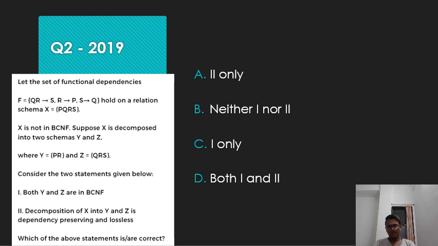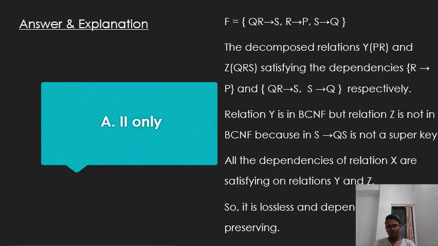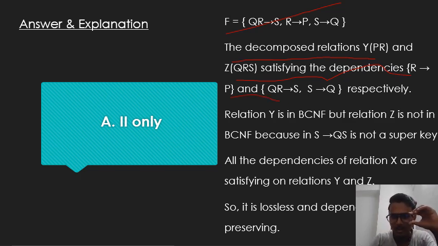Which statement is true? The solution is the second one only. As we can see, this relation has been given, then the decomposition relation and the Z relation's dependency are given, and from here we can see that the respective relation has been obtained. From these relations we can state that only the second statement is true.